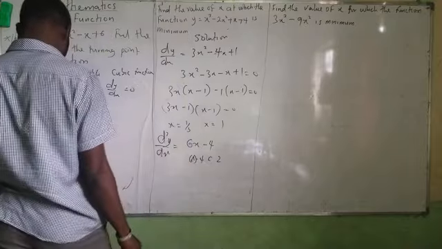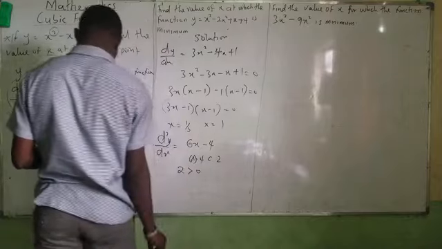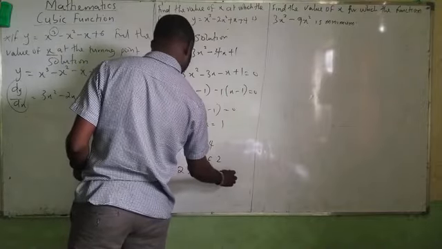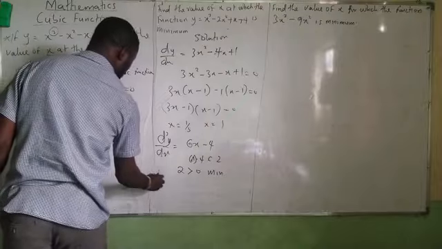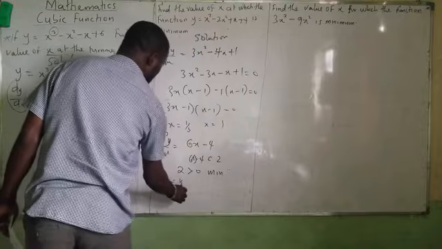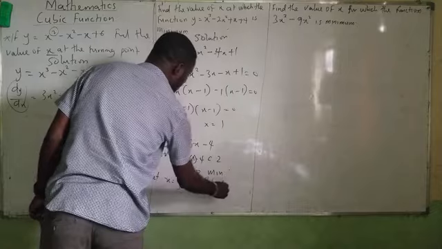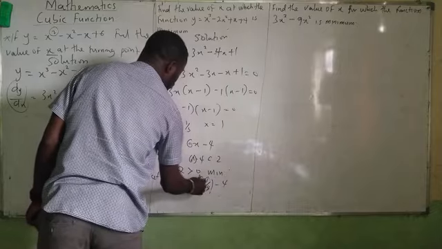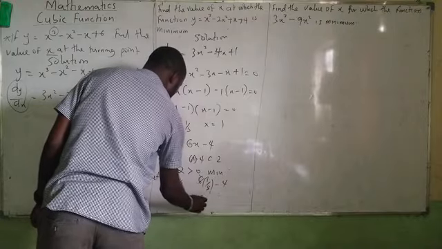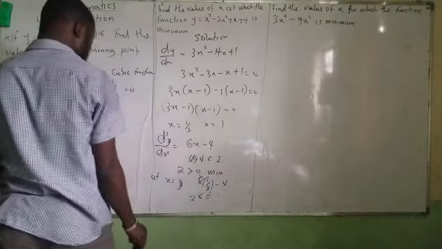Now, 2 is greater than 0, which means minimum. Now, at x equals 1 over 3, I have 6 times 1 over 3 minus 4, which is 2 minus 4, which is minus 2. Now, minus 2 is less than 0, so this one will be maximum.